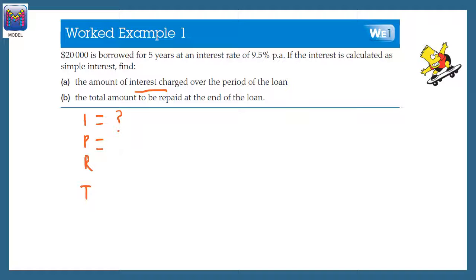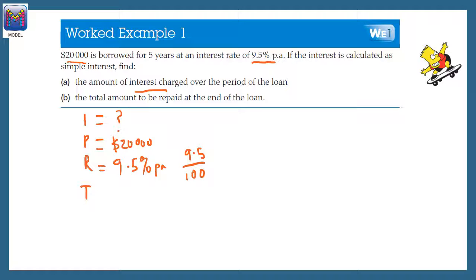P, it says here $20,000 is borrowed. That's what we start with at the start. 20,000. R is my interest rate, 9.5% per annum. Now, we don't put 9.5% into our calculators. We want that as a decimal. So typically it's 9.5 divided by 100.